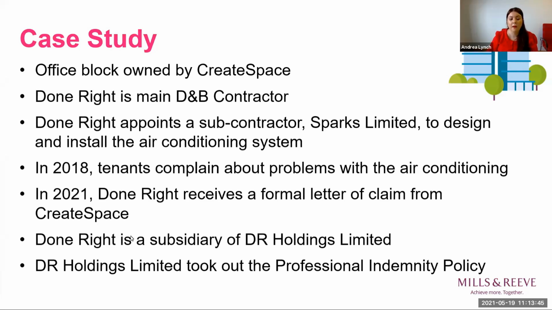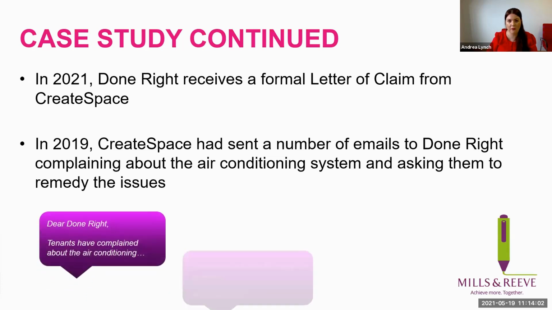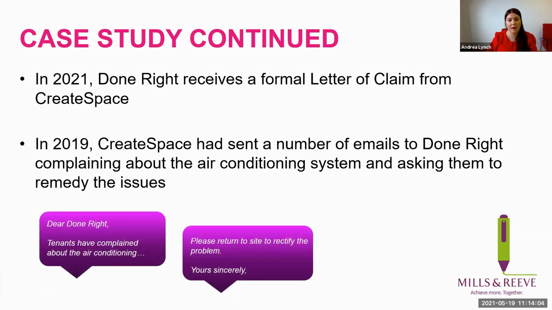Great, thanks, Laura. Looking now at the next stage in the case study, in January 2021, Done Right receives a formal claim from CreateSpace. However, it turns out that in 2019, CreateSpace had sent several emails to Done Right complaining about the air conditioning system and had asked Done Right to return to site, inspect the system and remedy the issues.